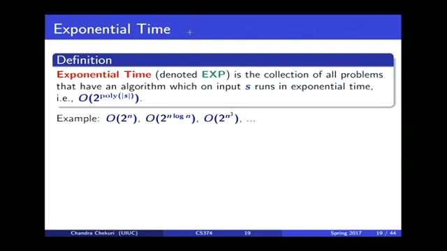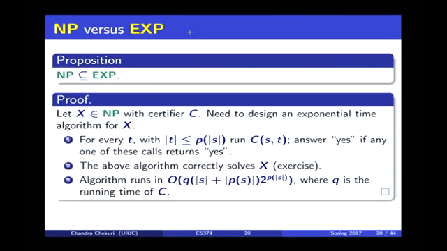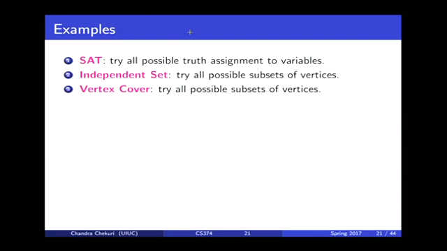For any concrete problem, Sudoku or SAT or vertex cover or independent set, it's trivial to see that there is an exponential time algorithm. But if you want to argue formally about why every NP problem has an exponential time algorithm, you have to actually use the definition of NP using certifiers. So every NP problem has an exponential time algorithm: try all possibilities. That is really the algorithm.